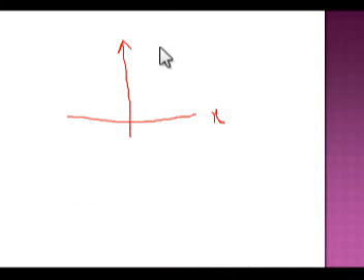If any straight line is not intersecting the y-axis, then it must be parallel to y-axis. Means it must be perpendicular to x-axis. So this straight line is perpendicular on x-axis, means parallel to y-axis.